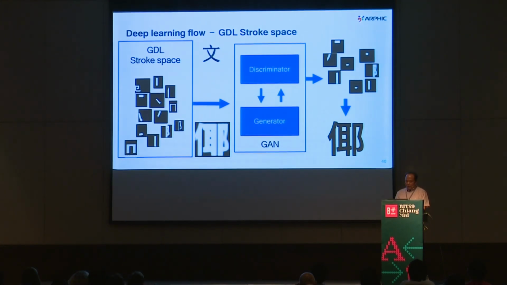Step 4, after that, we will convert the corresponding image to the GDL parameters. Finally, the GDL character in the lower right corner is generated. Using the same method on all the characters generates a complete set of GDL fonts.